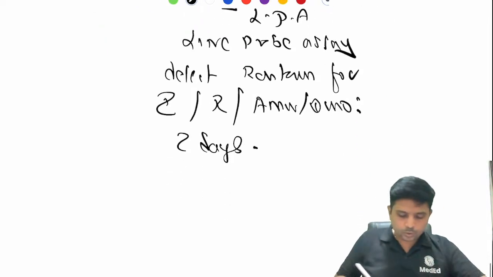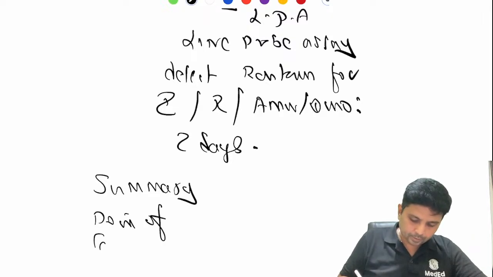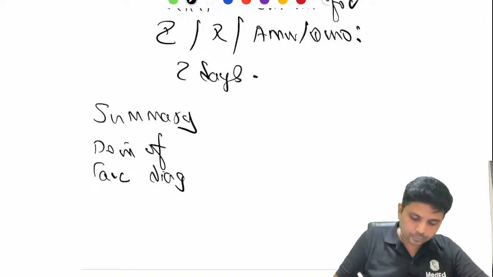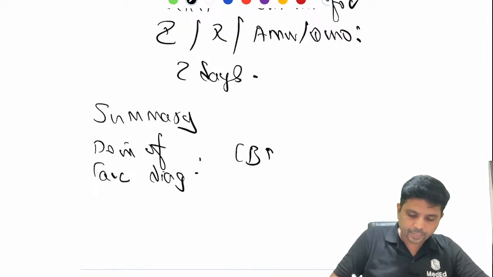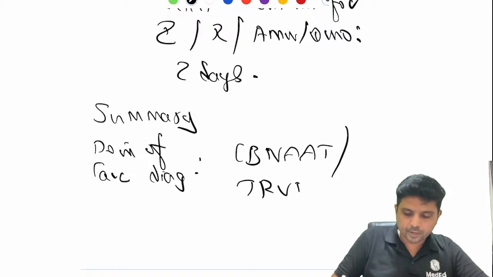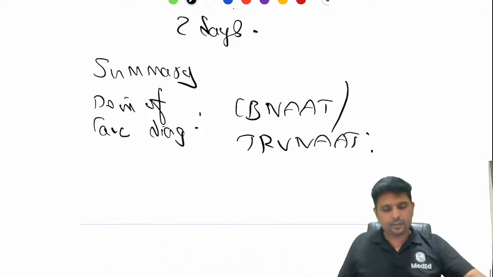Okay, now summary. Point of care test for diagnosis is, with sputum or any sample, CB naught or true naught. CB naught is American version, true naught is Indian version.